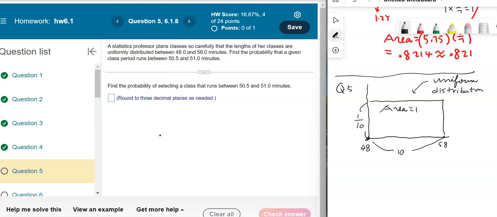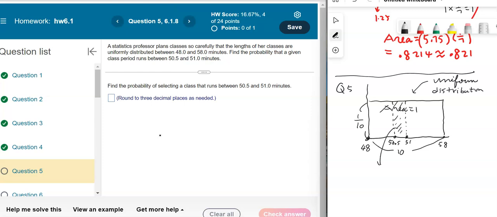Now find the probability between 50.5 and 51. So if I call this 50.5 and this 51, this area is what they're talking about.